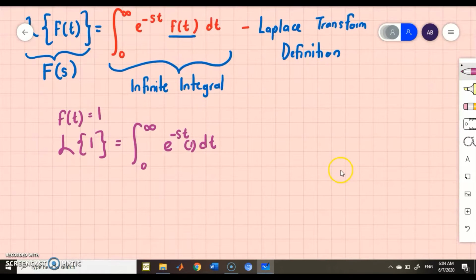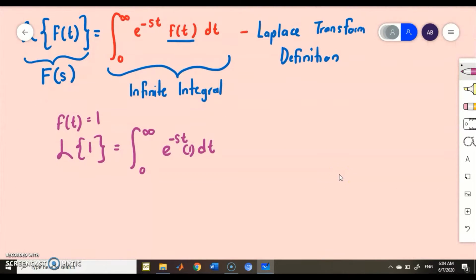To solve this infinite integral, you take the limit: change it to the limit as b approaches infinity of the integral from 0 to b of e to the negative st dt.